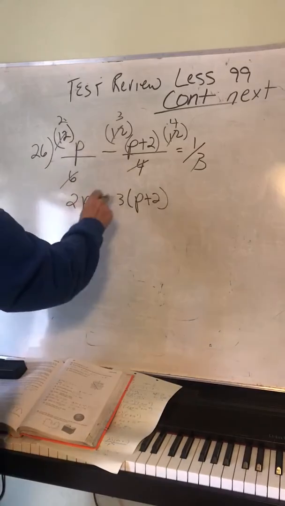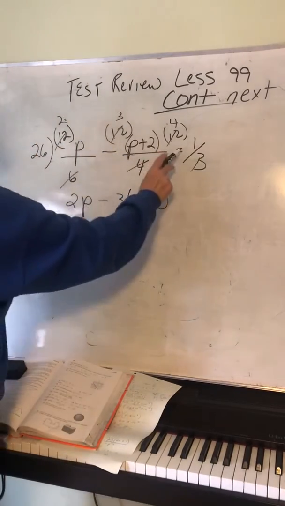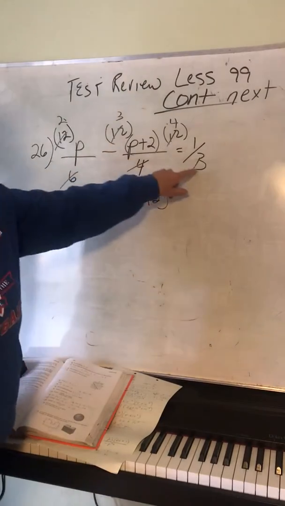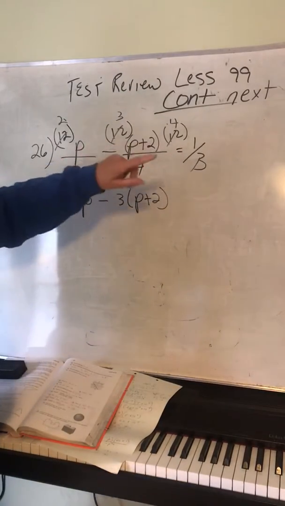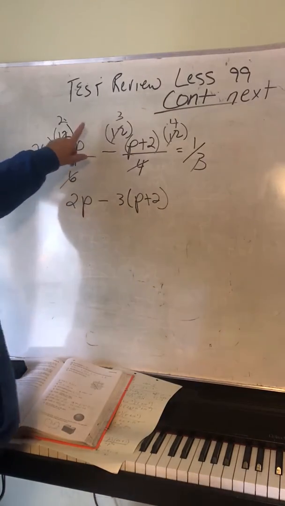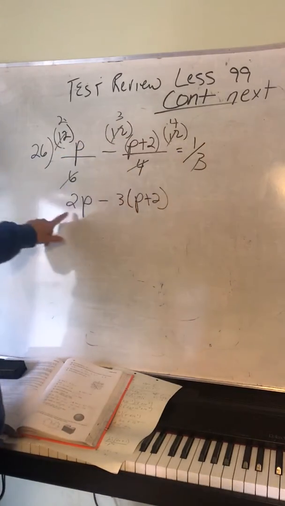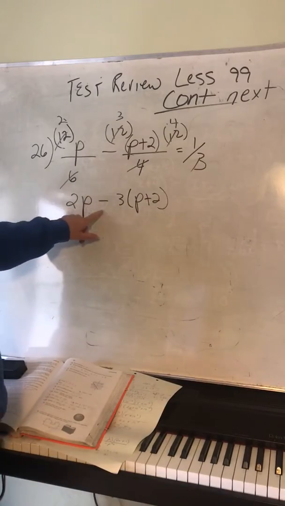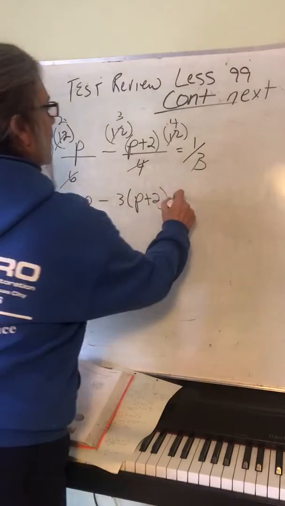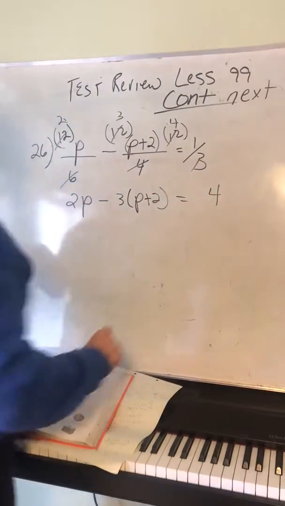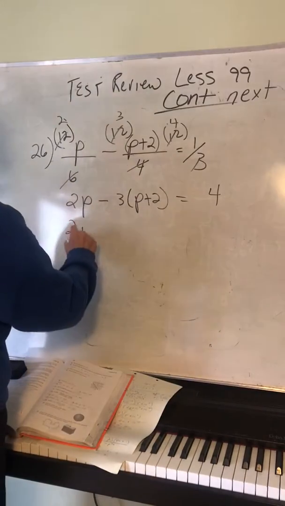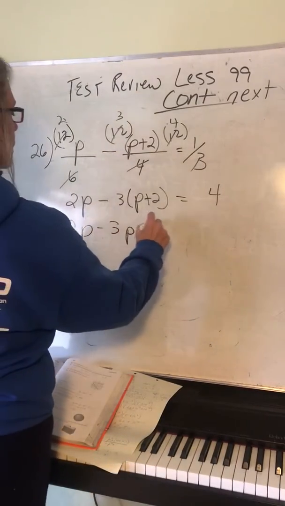This is an equation, and we have to find the LCM, the denominator that everything will go into, and that is 12. Then we canceled out, and we ended up with 2p minus 3, p plus 2, and then that equals 4. So now we don't have any denominators to worry about. Let's go ahead and finish this out.